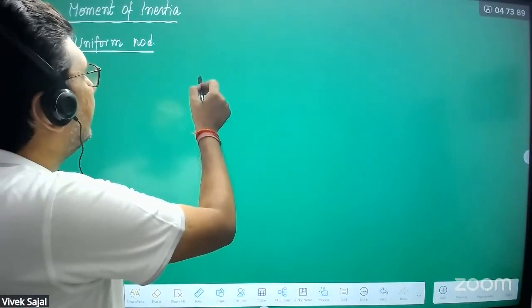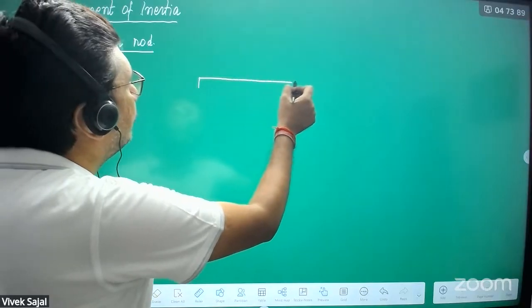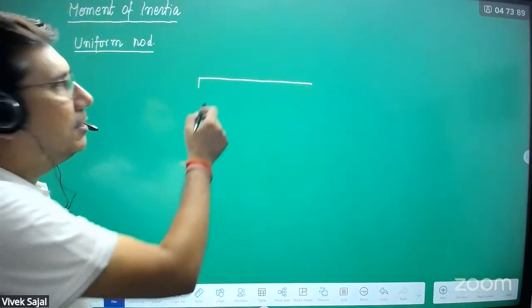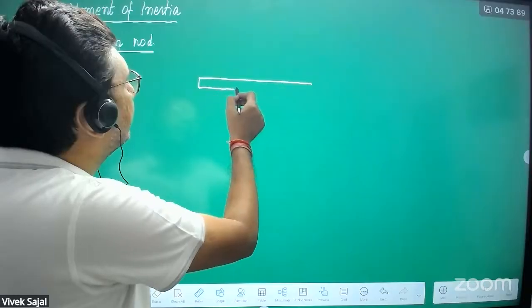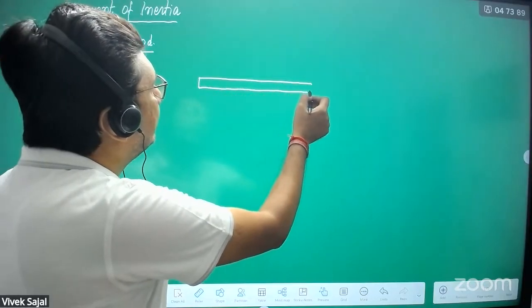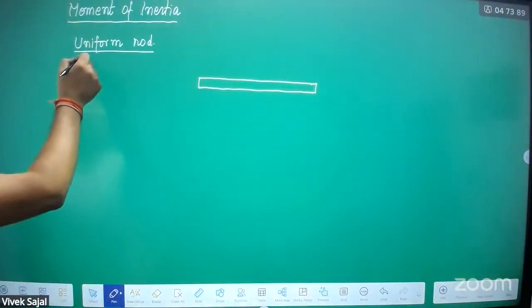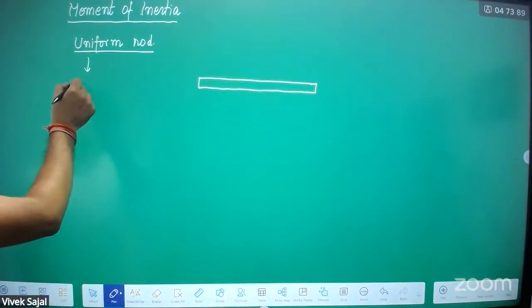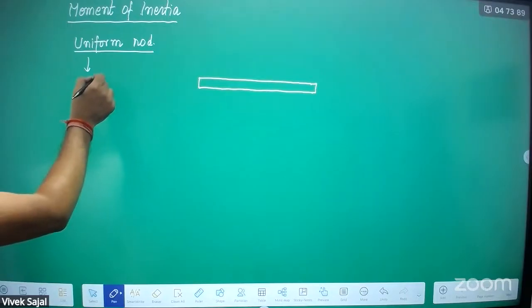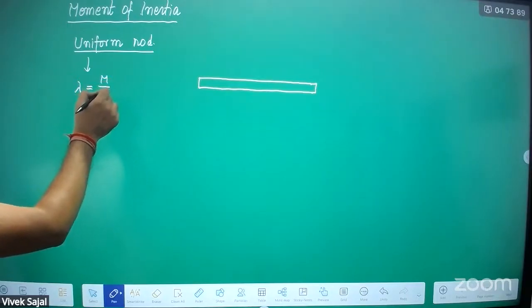So here we are having a uniform rod. Uniform rod means mass per unit length, linear mass density, that is constant. So uniform rod means lambda, mass upon length, is constant.